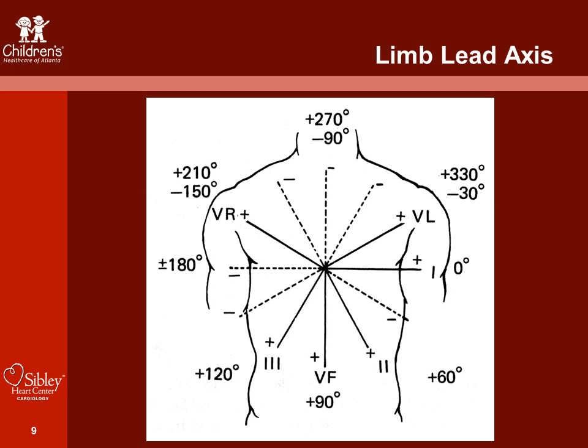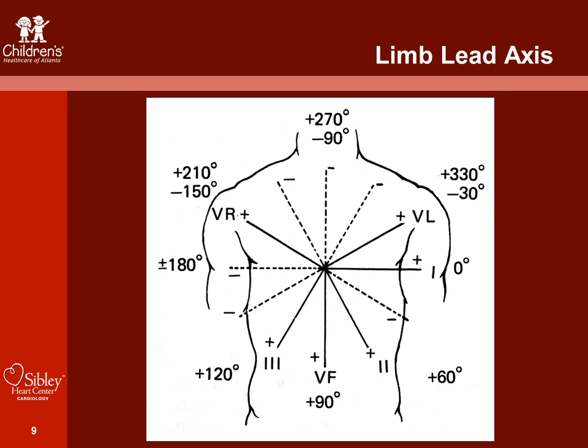When we're determining the axis of the QRS complex, we use the limb leads as our determining measurements.